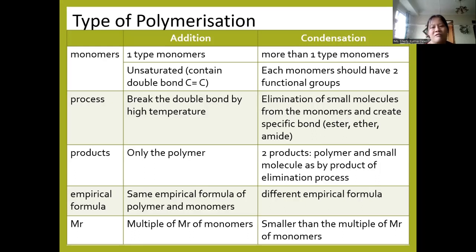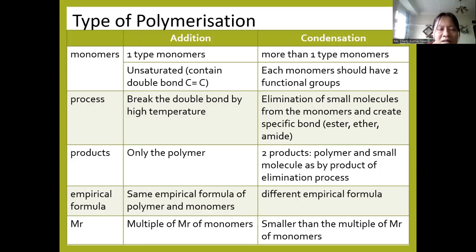But in chemistry, you call it amide. It's okay, it's no different at all actually. The product of addition polymerization is only the polymer itself, while in condensation, the product is the polymer and the small molecule eliminated by the reaction.